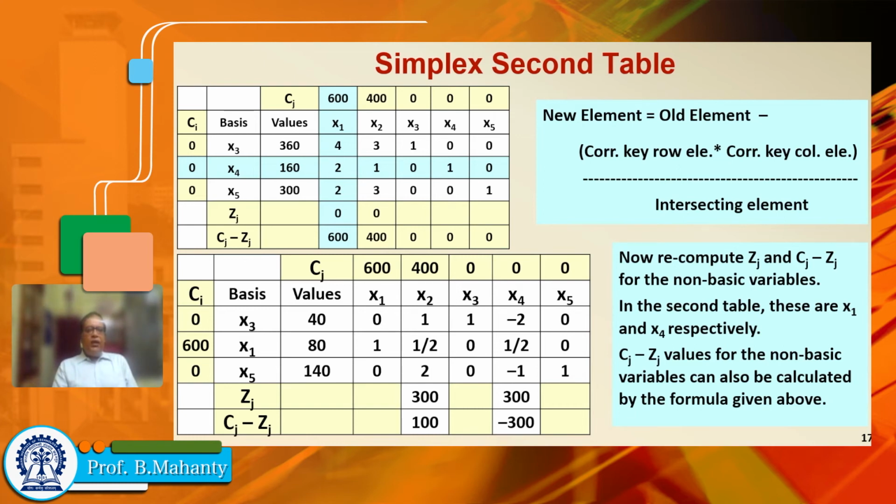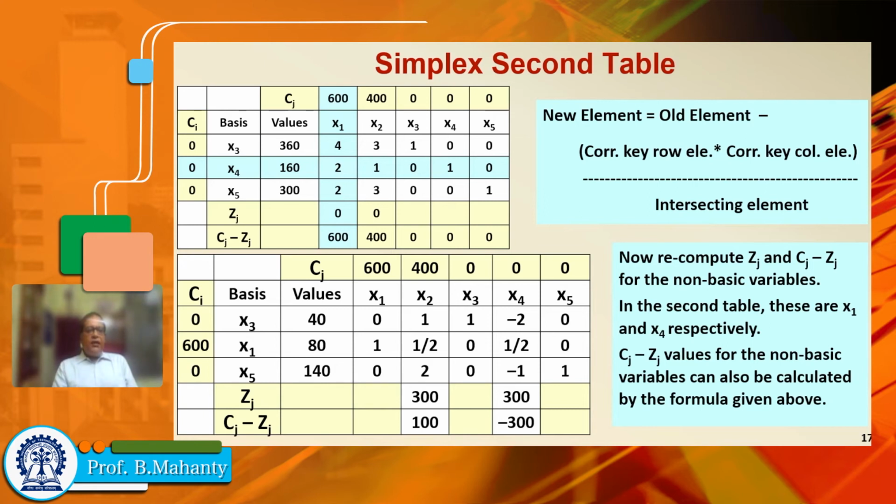Look at these values very carefully because x2 now comes into the basis. Just think over and tell me which one is the bottleneck resource. You see, if we make, let us say, 40 units of x2, we see that x3 gets exhausted. But does x1 get exhausted? No, because we need only 20 units, half into 40.